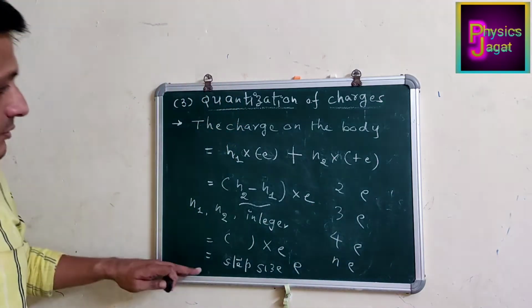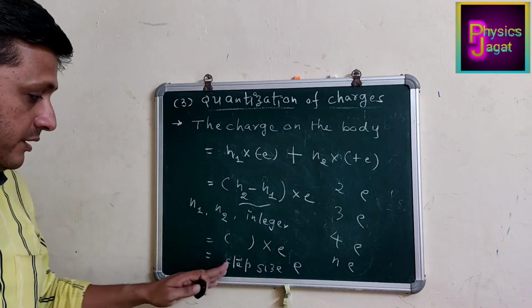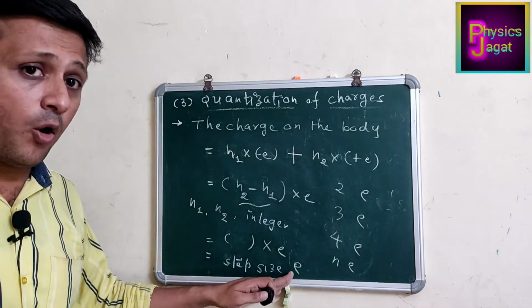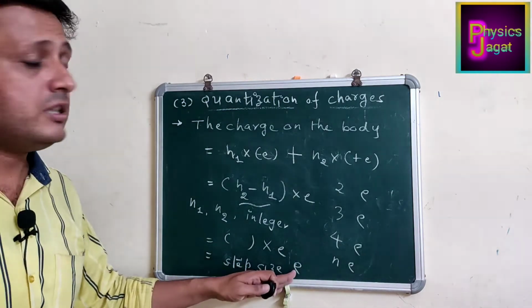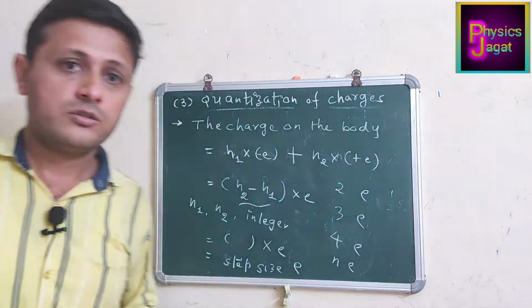So this is the total charge on any body. It will always be in a step size of E. E we know is 1.6 into 10 to the power minus 19 coulomb.